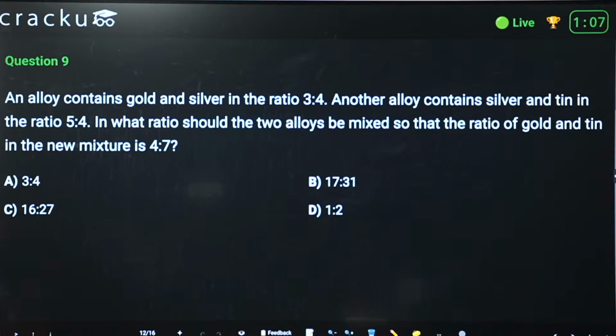Including this, we will be solving a total of 4 more questions today. Do put the answers in the chat box, guys. This is a very easy question.